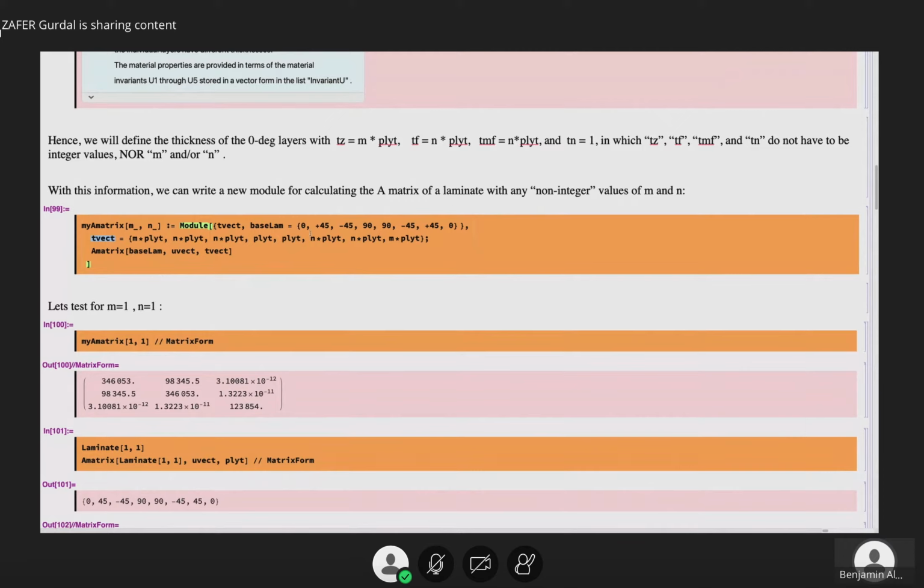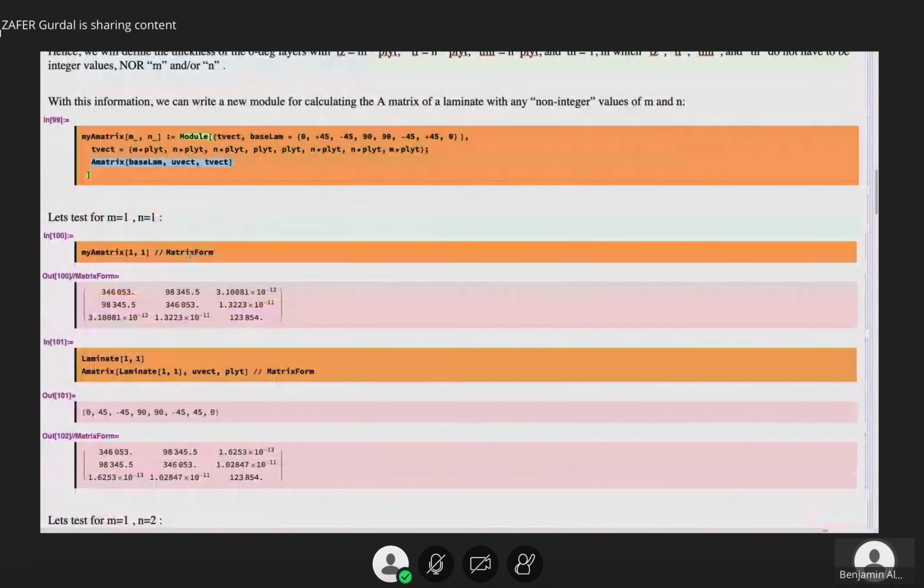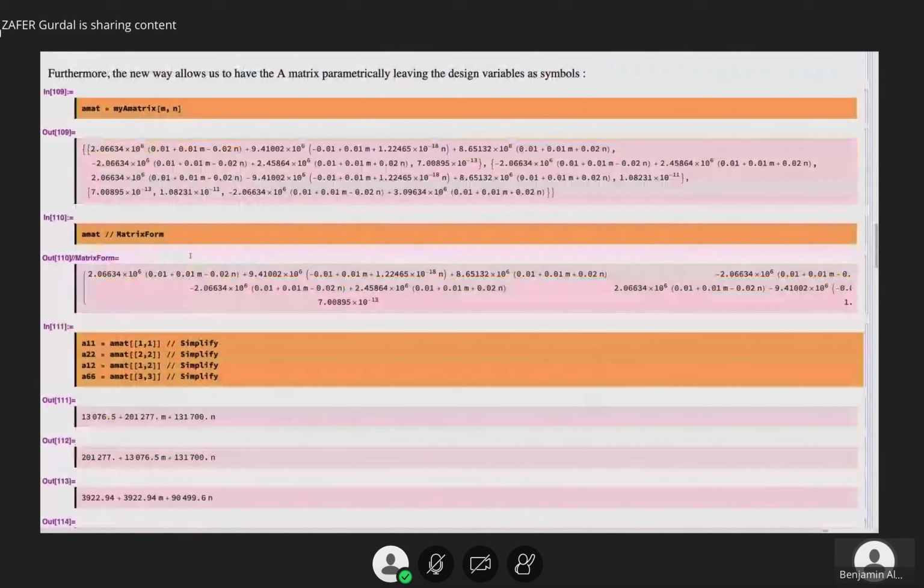So if you have only zeros, 45s, and 90s, their thickness doesn't have to be integer. They can be continuous. And this version of the A matrix computes the properties of the in-plane stiffness matrix for non-integer values of design variables m and n. So this will allow us to do different things with it.